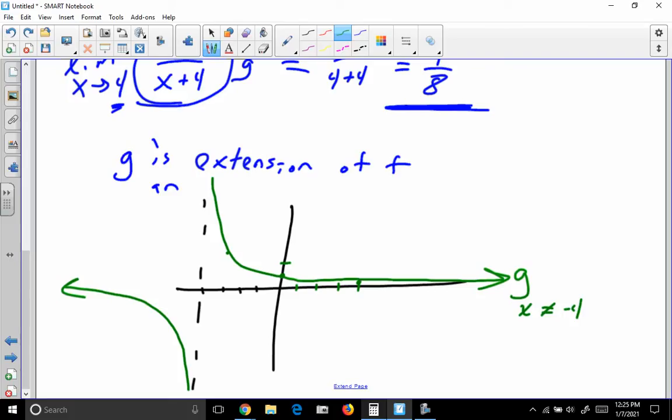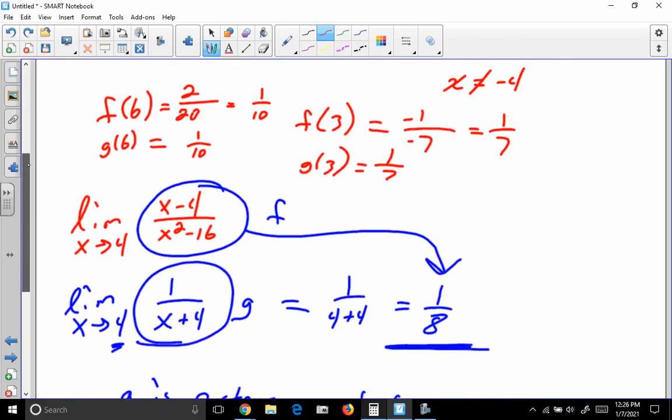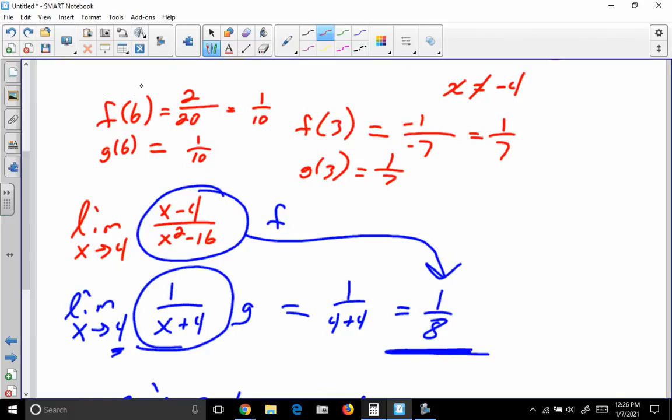We are defined at 4. At 4, we have a y value of 1/8. The only difference between g and f is that f does not exist when x is 4. Every other place, g and f have the exact same values. We demonstrated earlier that for other places, when we substitute the same value into g and f, we get the same answers.